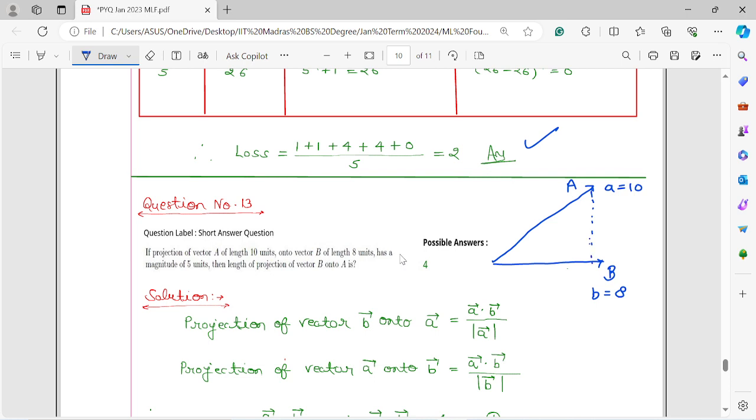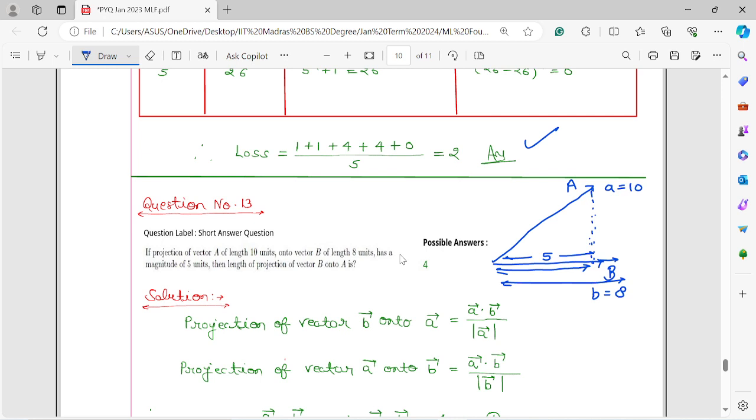So the projection of vector A onto B has a magnitude of 5 units. So this length is 5 units. You can extend this, this is 5 units and this whole is 8 units, and we have projected vector A onto vector B. So I have drawn a perpendicular line from this vector.